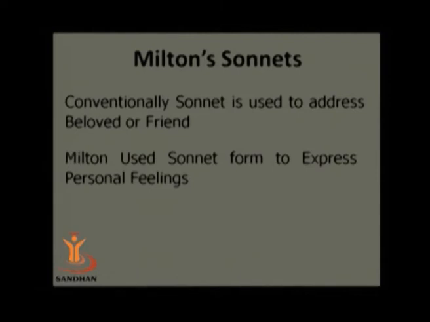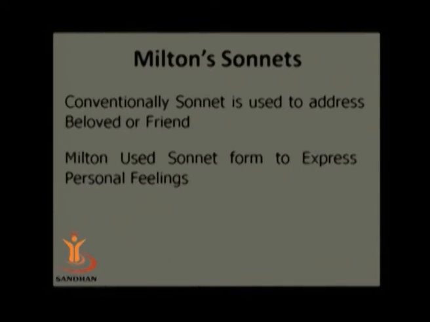But then he did not imitate the Petrarchan sonnet. He used his own variations to express his different ideas or to express the emotions that he wanted to through the sonnet form, and so he has experimented with the form as well.